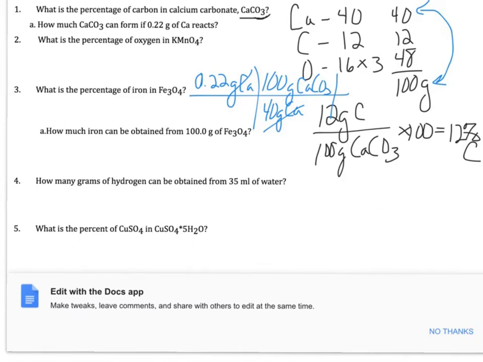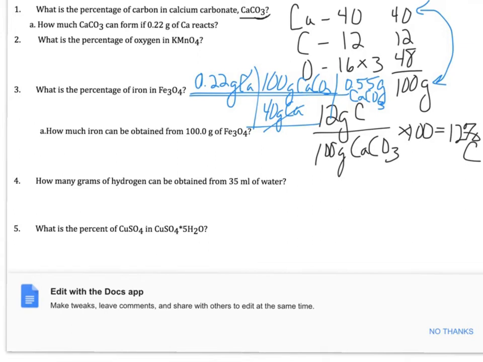Okay, next question, what is the percentage of oxygen in KMnO4? So again, we need to come up with the masses of each of these. So K is 39.0 grams. Mn, manganese, is going to be rounded. We could round up to 55 grams.